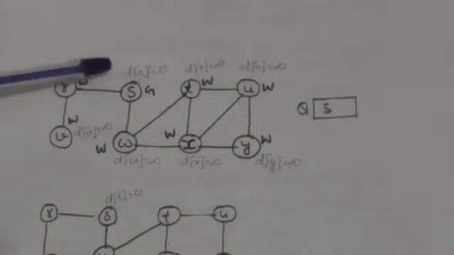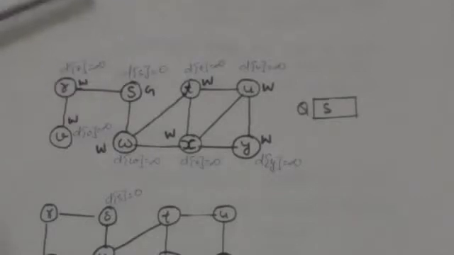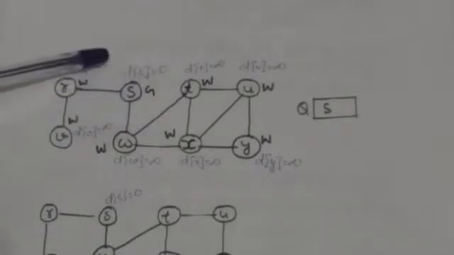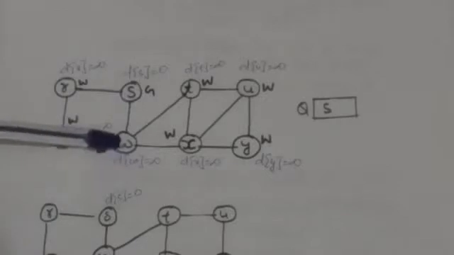So the distance of all vertices from the source vertex S is infinity except the source vertex.